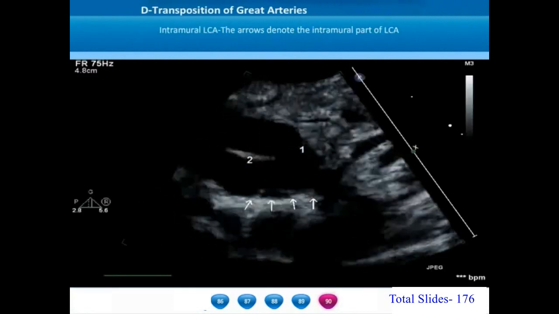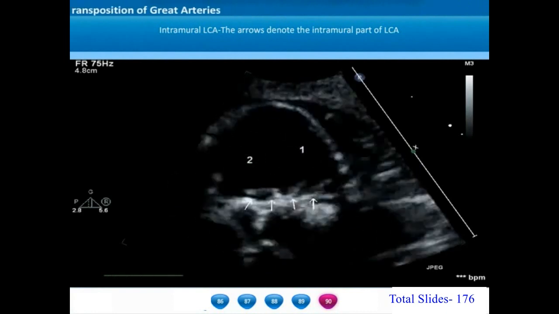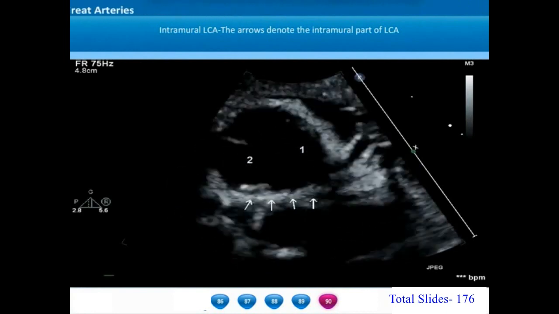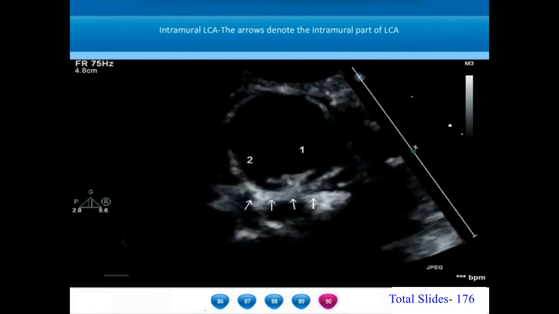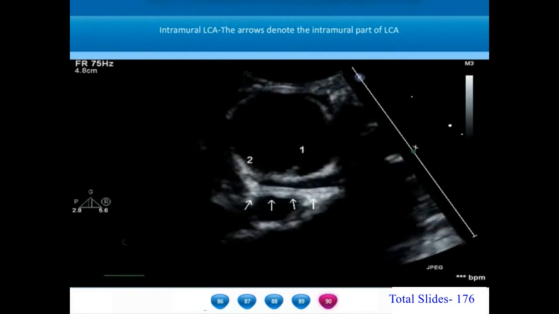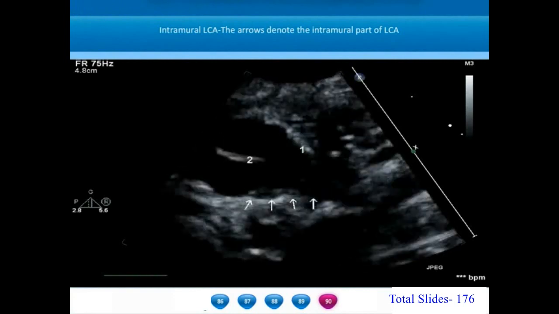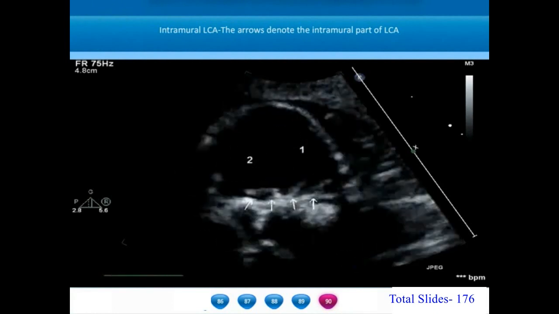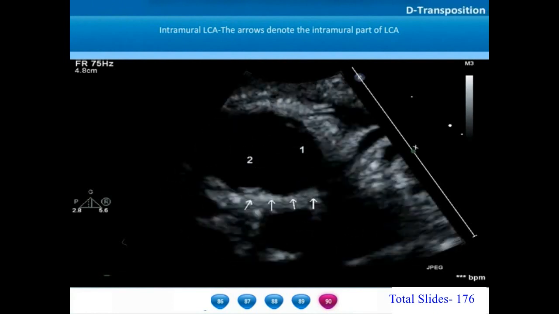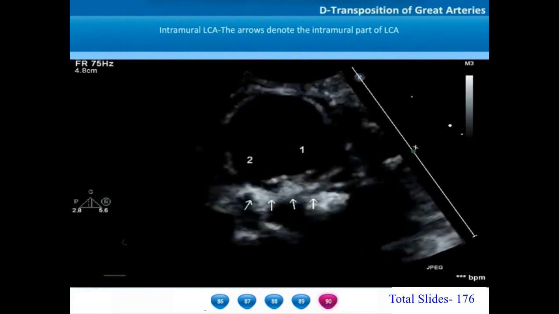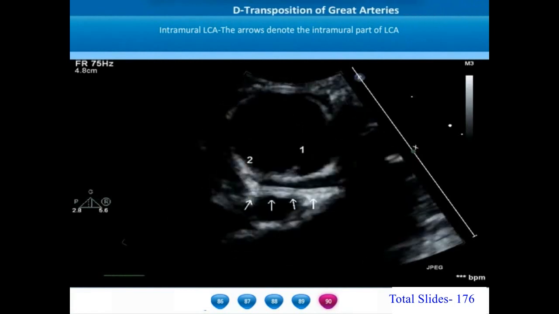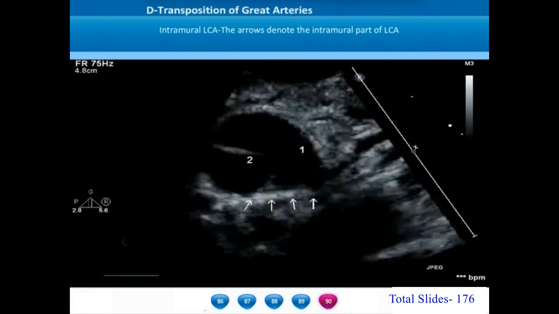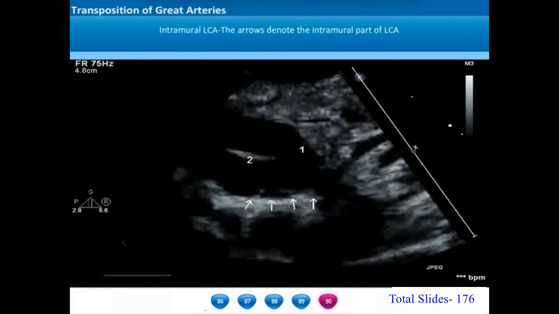The more serious forms of coronary artery abnormalities are the intramural coronaries. The intramural coronary arteries originate from the contralateral commissure. In this example, an intramural left coronary artery originating from the right facing sinus.